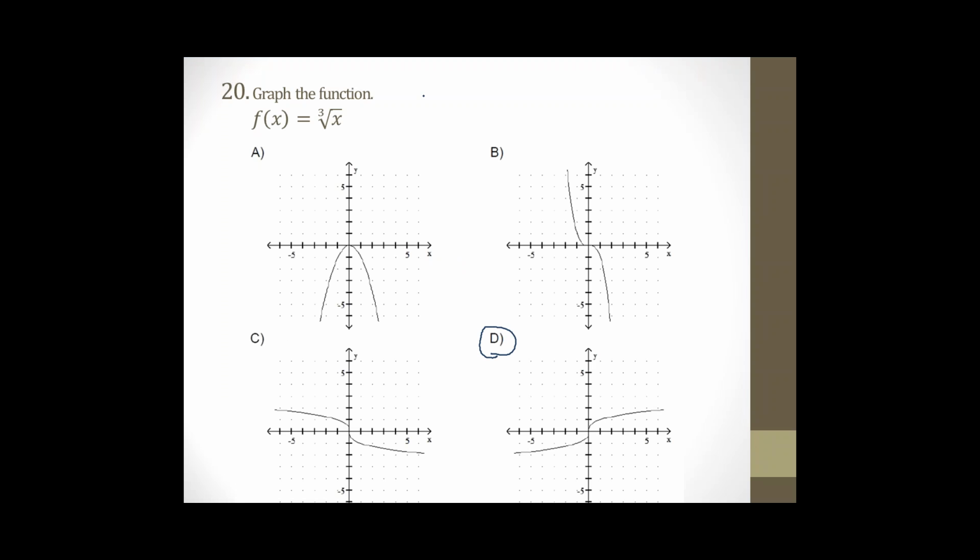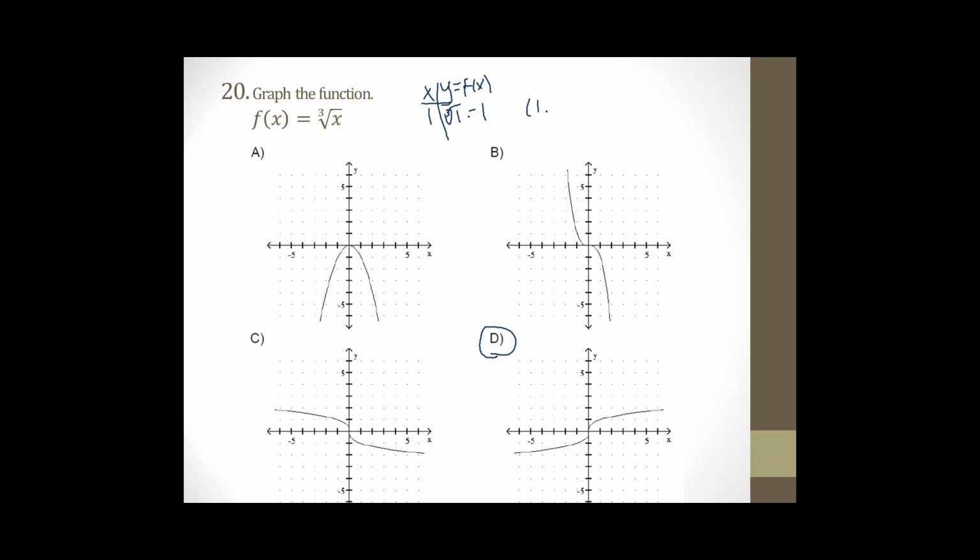Just to show you how to do it by hand, you can make a quick table. Let's think of some x values that would be easy to solve. 1 would be a good one. When x is 1, f of x will be the cube root of 1, which is 1.